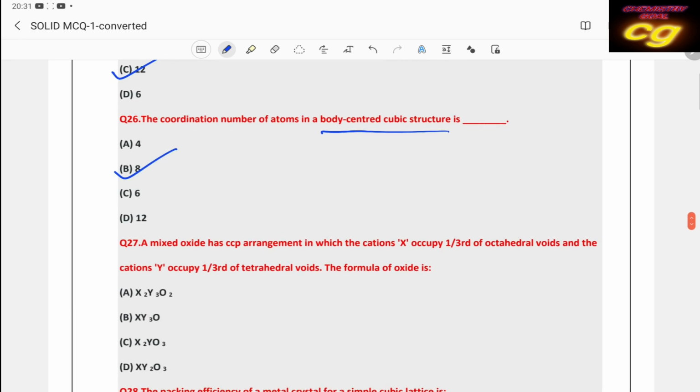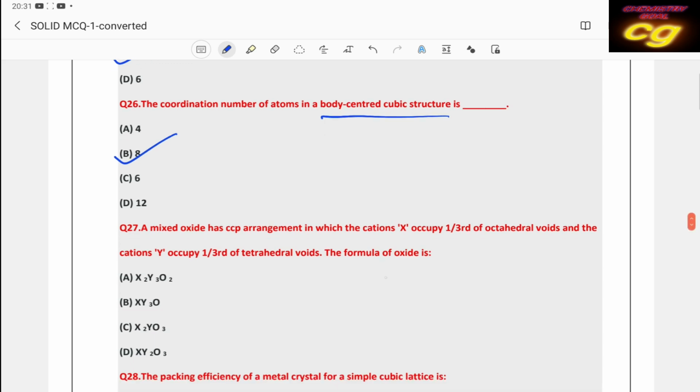A mixed oxide has CCP arrangement in which cation X occupies 1/3 of octahedral voids, so X is equal to 1/3. And the cation Y occupies 1/3 of tetrahedral voids. Tetrahedral voids are twice the number of atoms, so occupying 1/3 of them, Y will be 2/3.